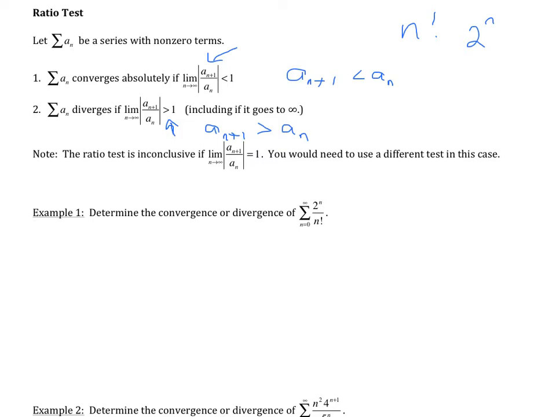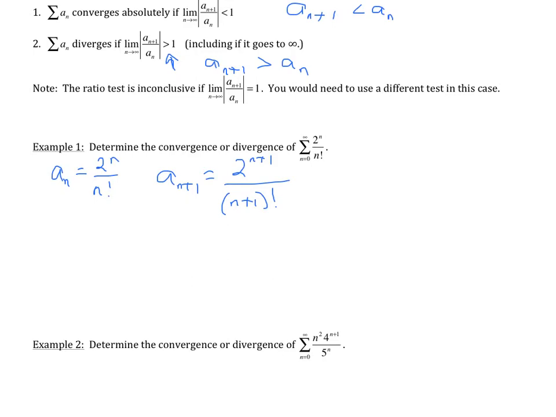So we just need to determine what a sub n is, and that is, of course, the function. A sub n is the series itself, and then for a sub n plus 1, we just plug in n plus 1 for every n, so that would be 2 to the n plus 1 over n plus 1 factorial.